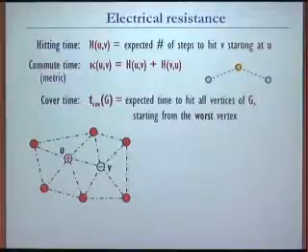I send a unit of flow from the source to the sink, and then I calculate the energy of the flow, the sum of squares of the flow on the edges, and try to minimize that. That's one definition of the resistance: the minimum energy of a flow that goes from one vertex to the other.